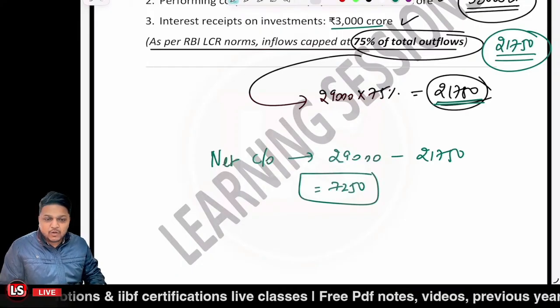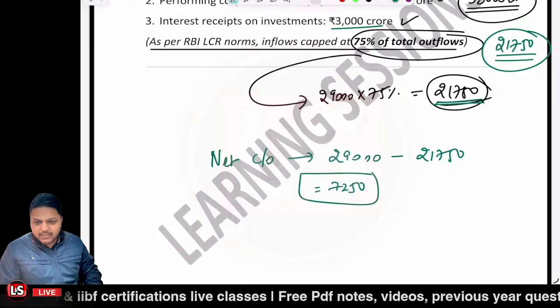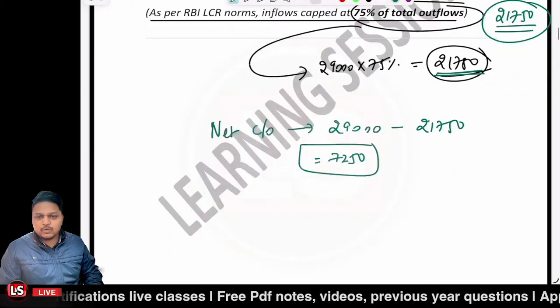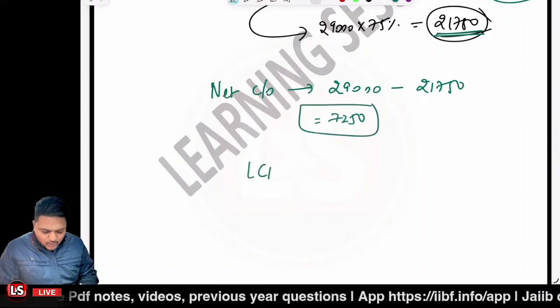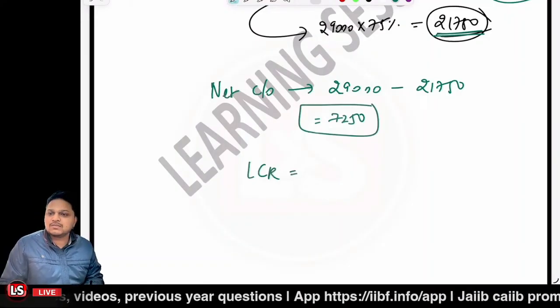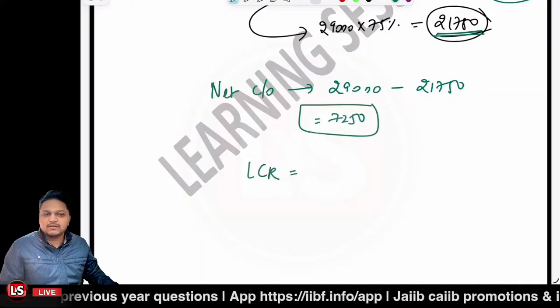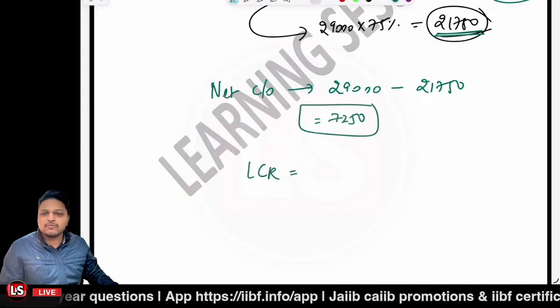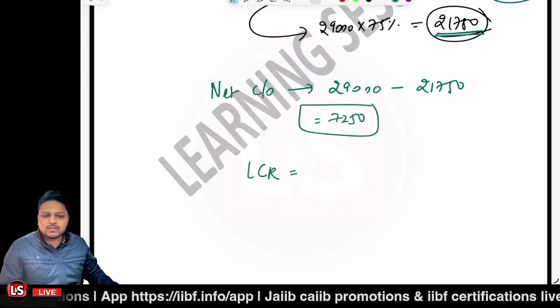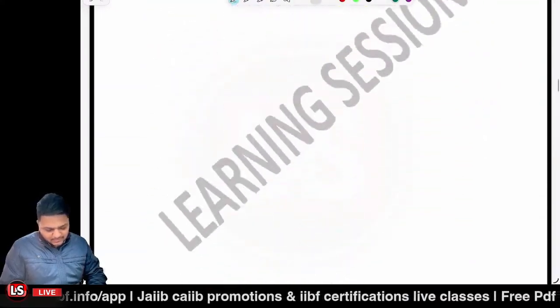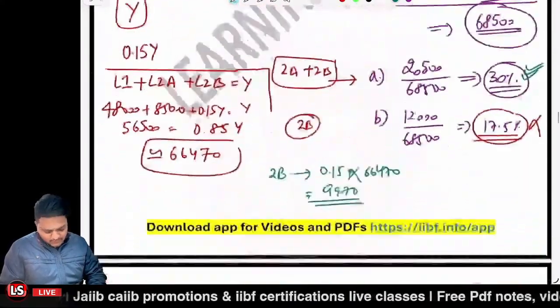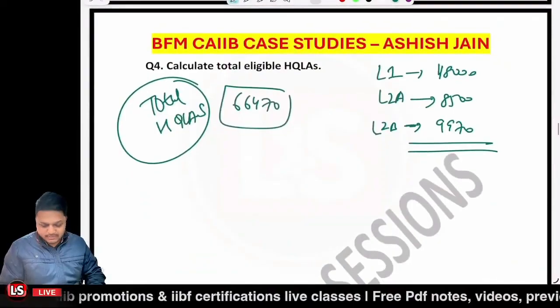Now, if we are to calculate the LCR, what will be the formula? I told you the formula: stock of HQLAs. What was the stock of HQLA? Let's just go back again. I don't memorize what was the figure we calculated. It was 66470.